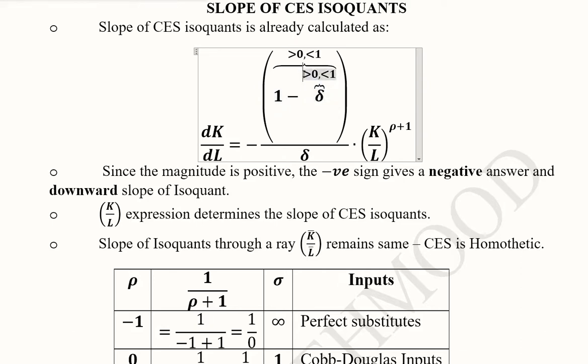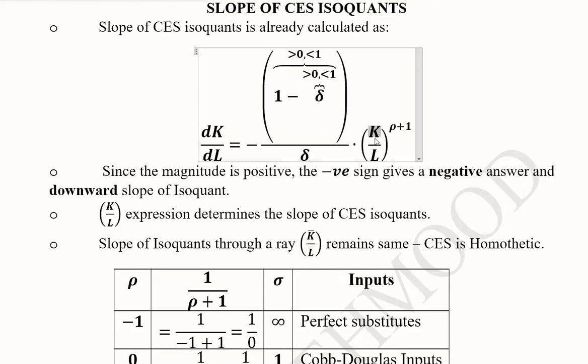If it is 0.5, the answer of 1 minus delta will be 0.5. So you see, it will remain between 1 and 0 if delta itself is between 0 and 1. So we have a positive value between 0 and 1 in the numerator, and delta has also been understood to be between 0 and 1 and a positive value.